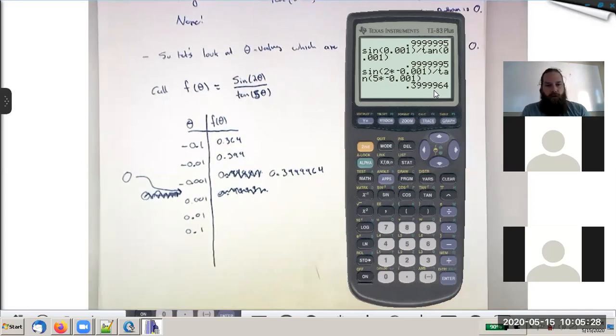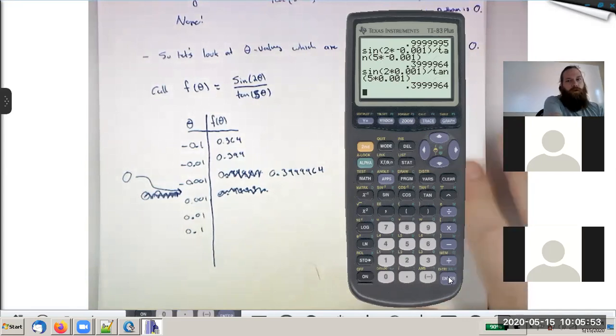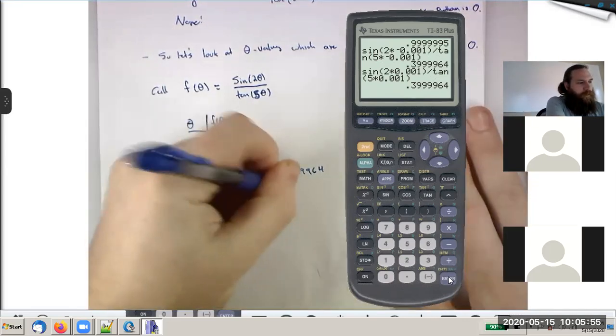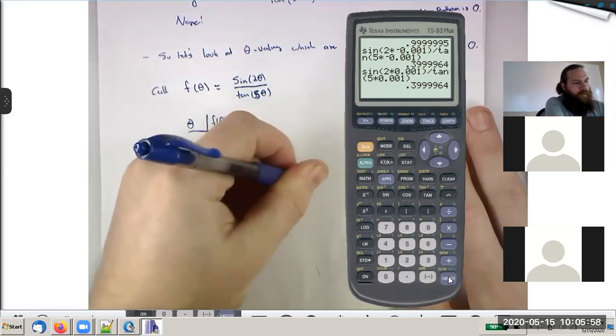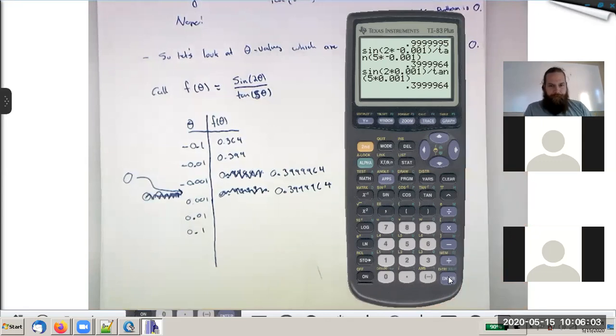If I plug in the positive 0.001, that's the sine of 2 times 0.001 divided by the tangent of 5 times 0.001. Yeah, so that's also that same 0.3999, 0.3999964. Okay, sorry about that.